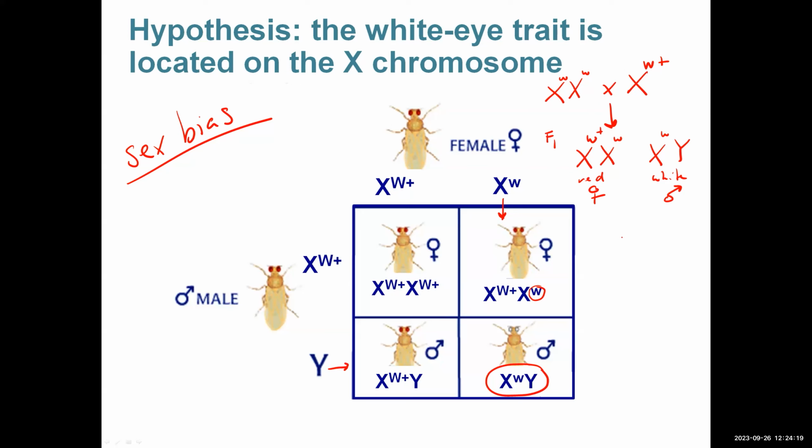When we cross these two together, so here's our heterozygous female. Here's our white male. This is our F2 this time. We're going to get both females and males that have white eyes, which is not what we got last time.